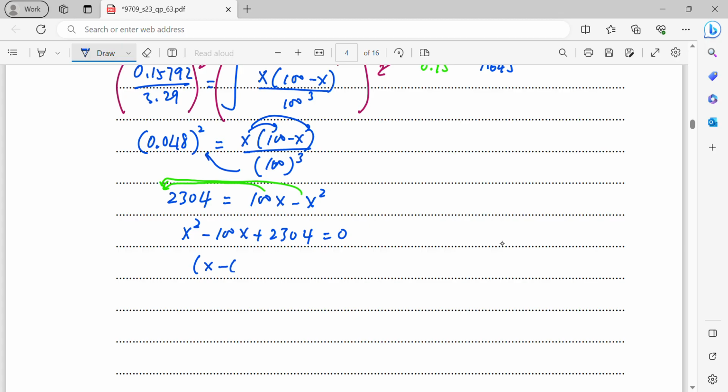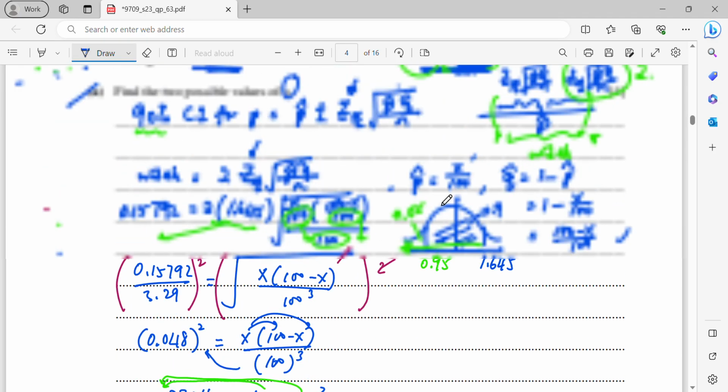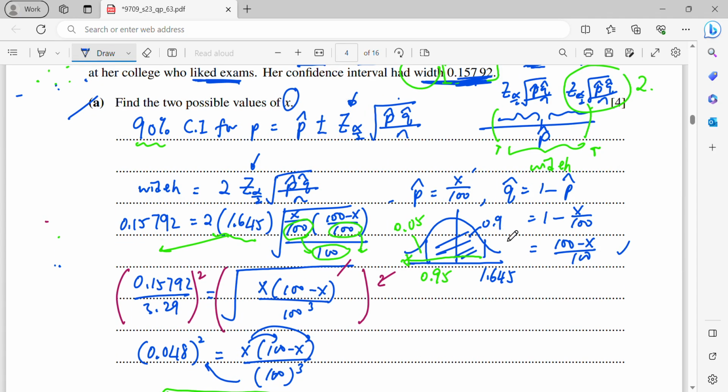So the first linear factor is x minus 64, and the second linear factor will be x minus 36, then equals to 0. So when multiplication of two factors equals to 0 means x minus 64 equals to 0, or x minus 36 equals to 0, which means my x equals to 64 or x equals to 36. So these are the two x values in the question.